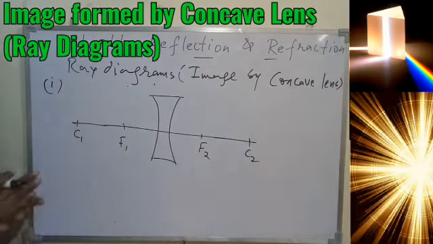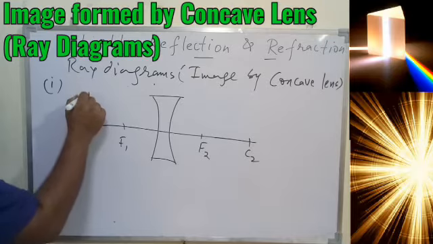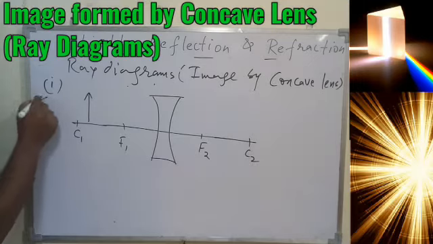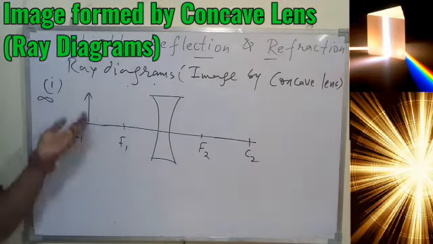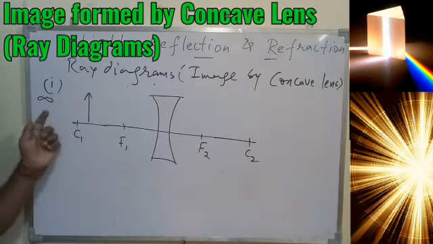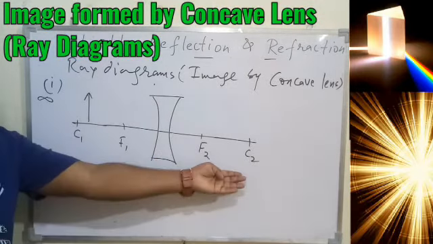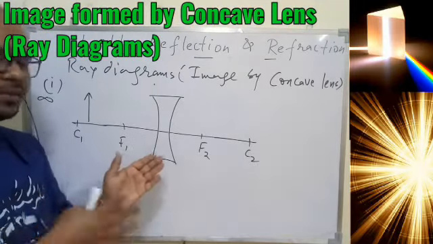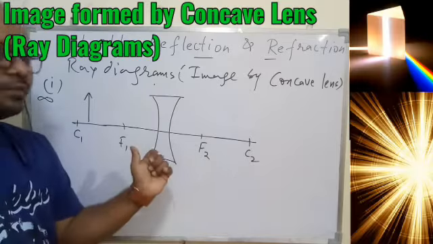We'll have just two conditions here: object anywhere in front of the concave lens, and object at infinity. So we are not going to talk about object at focus or center of curvature, because when you talk about at focus, at center of curvature, between F and C, we are basically talking about second focus and second center of curvature that we did for the convex lens.